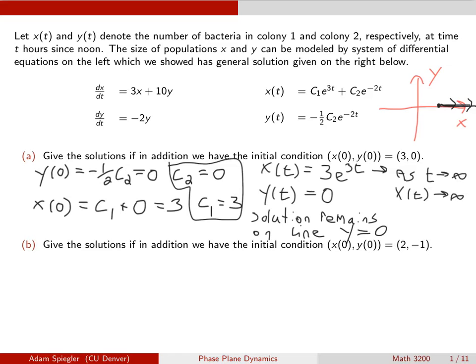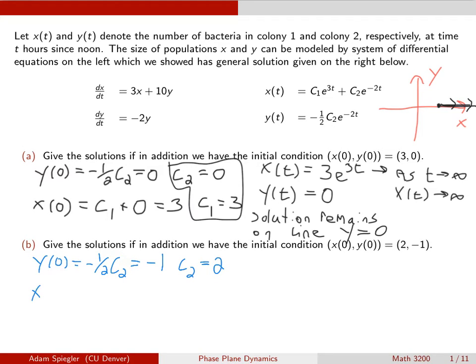So again, if we start with the equation for y to begin with, so at time 0, y of 0, when I plug 0 into that, I'm going to get minus 1/2 C2. And we're told that the initial condition for y is that y is equal to minus 1. So solving that for C2 would tell us that C2 is therefore equal to 2.